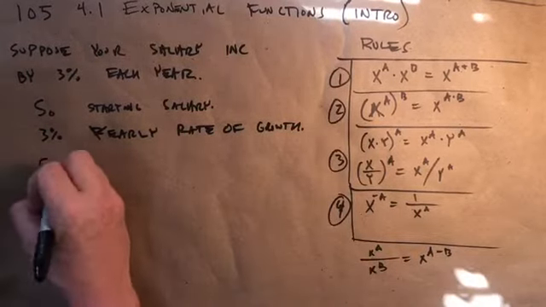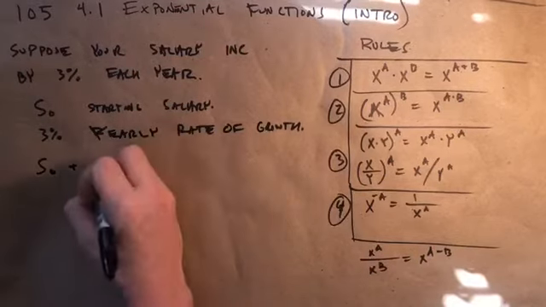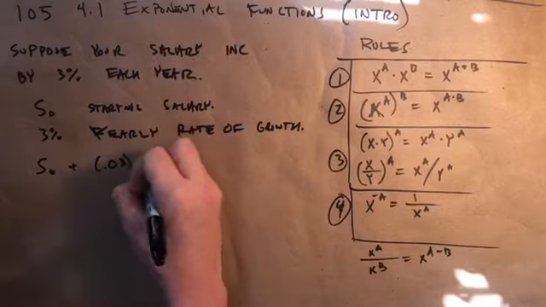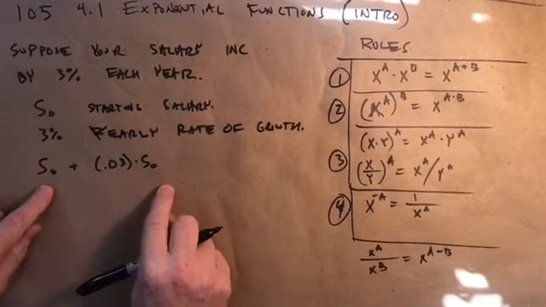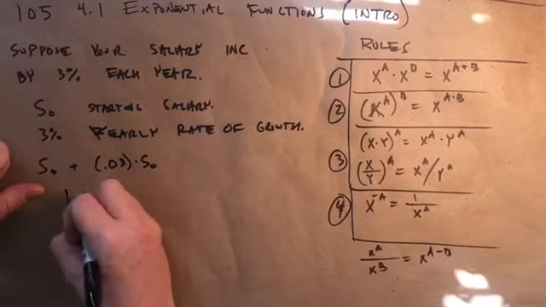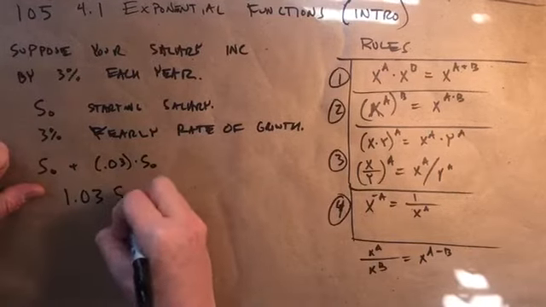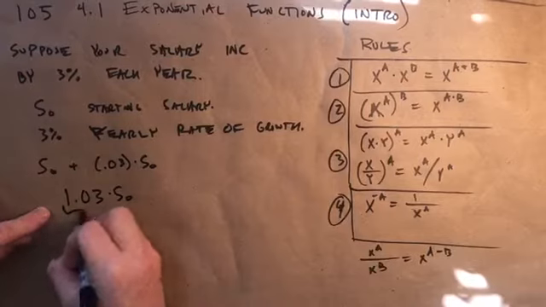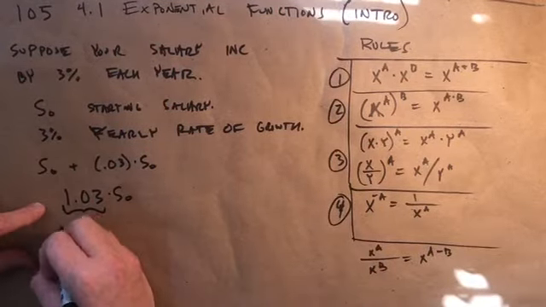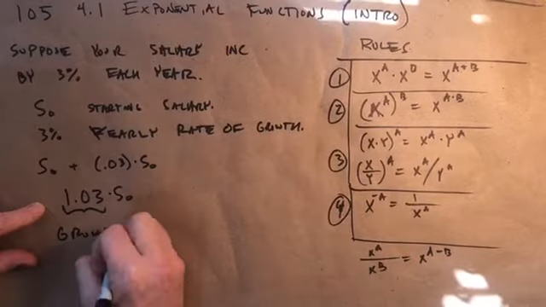Well, I can take S naught and I can add it to that 3% times S naught, but there's a better way of combining these two, right? I could factor that S naught out, and we refer to 1.03 as our growth factor.